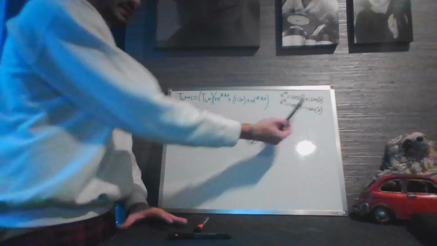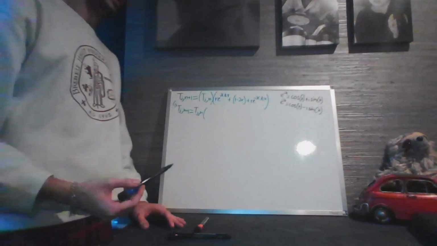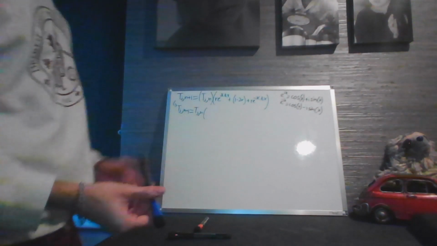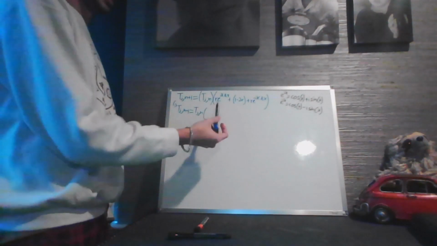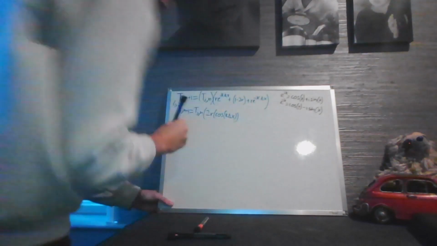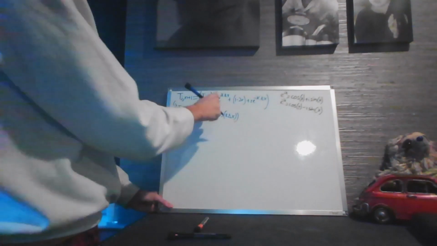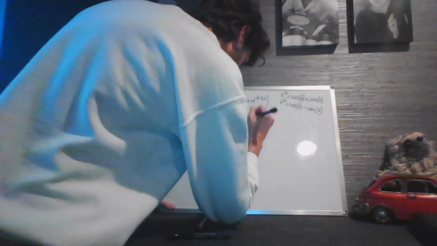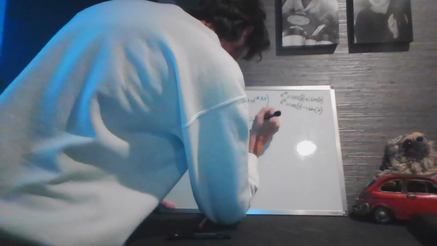And what that means is that these two sine values cancel out, and the two cosines add up. So we'd have r cosine k delta x, that turns into 2r cosine k delta x. Alright, that's for these two, and then of course we're still going to have this 1 minus 2r.